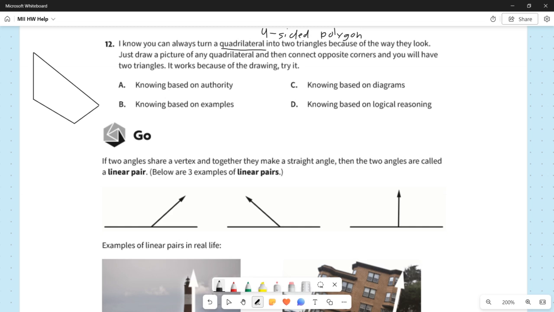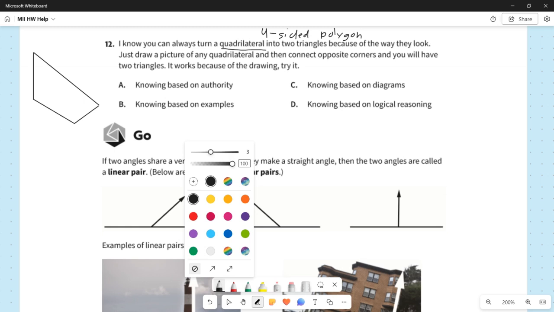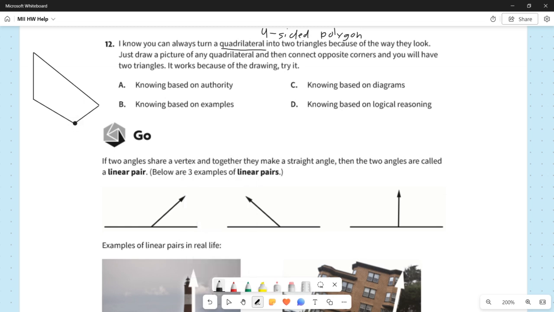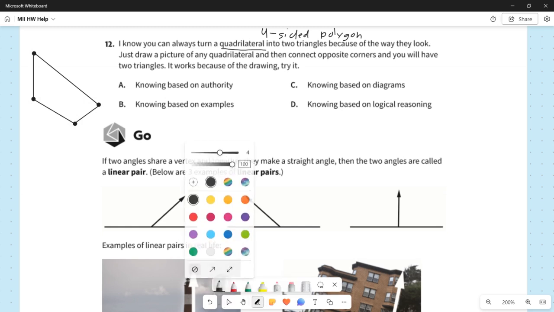And it says connect opposite corners. All right, well, obviously we've got 4 corners to choose from. Right, so 1, 2, 3, 4. It's saying connect opposite corners and you will have 2 triangles. All right, well, if I connect, let's say, these 2 corners, like this, because these are opposite corners, what do I get?